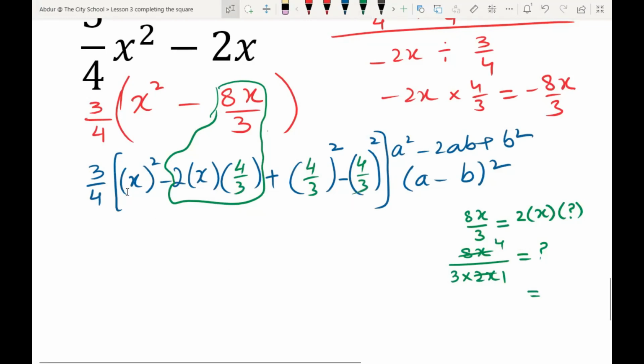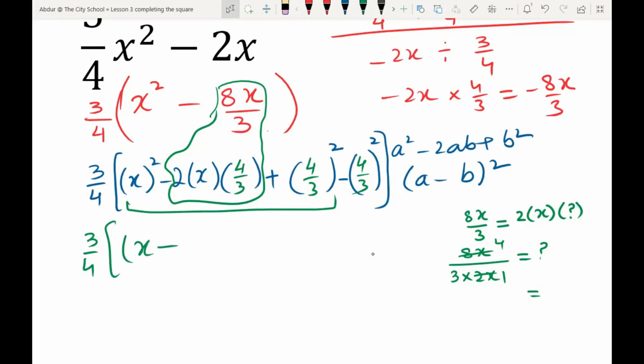Now convert it into the identity in the factorized form, which is a square minus 2ab plus b square, will be 3 over 4 times a minus b whole square, and the last term minus 4 over 3 whole square as it is.